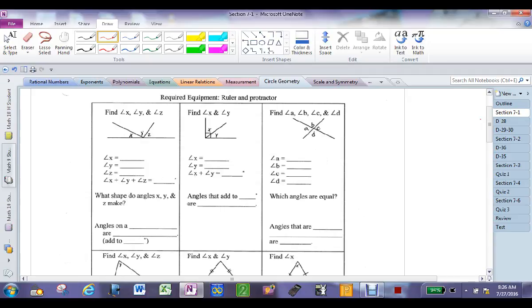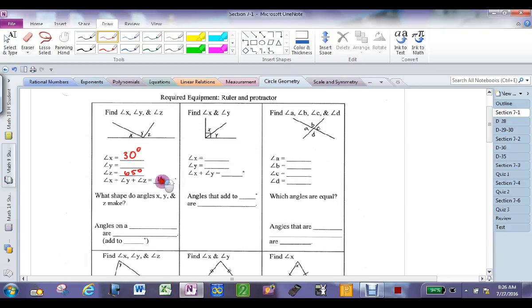Okay. Now, obviously, we can't measure this angle because it's little, isn't it? Right? But we've done this experiment, haven't we? So, X is going to be 30 degrees. Z is going to be 65. What do you know X, Y, and Z have to be?